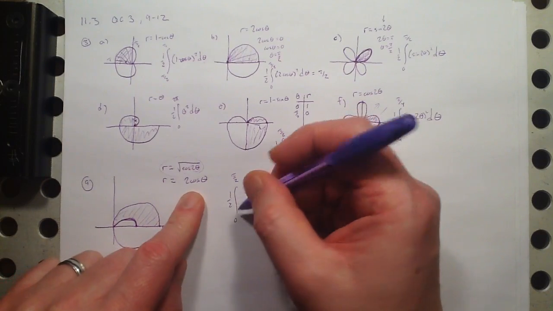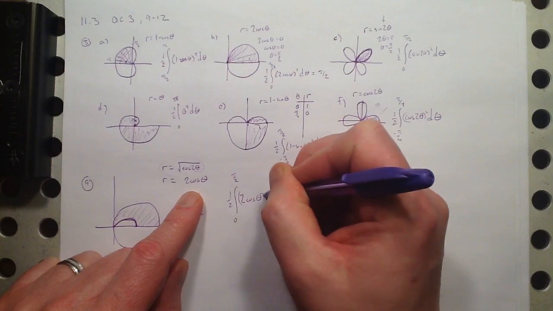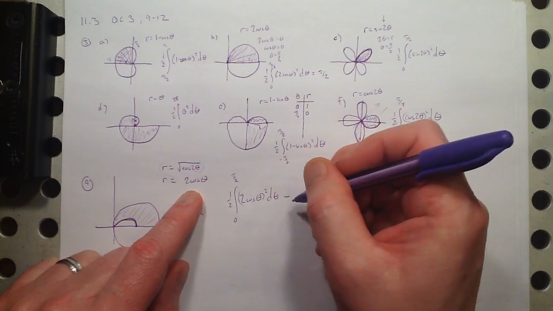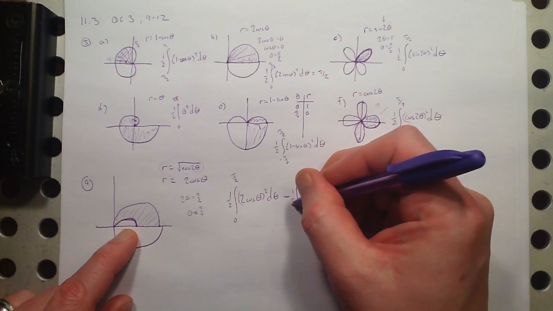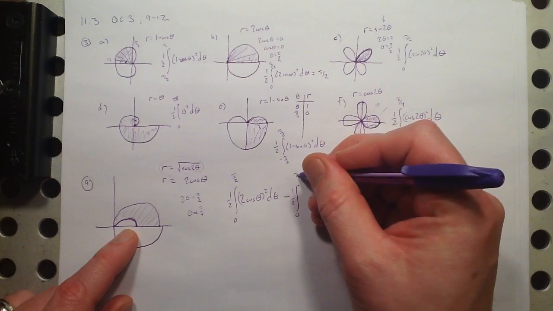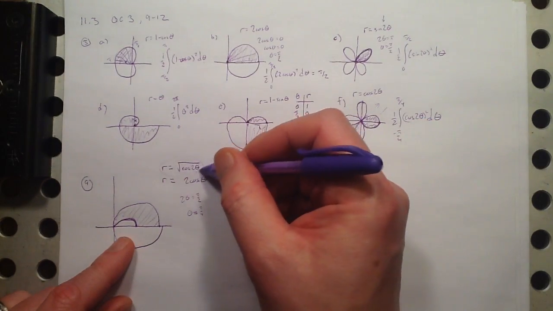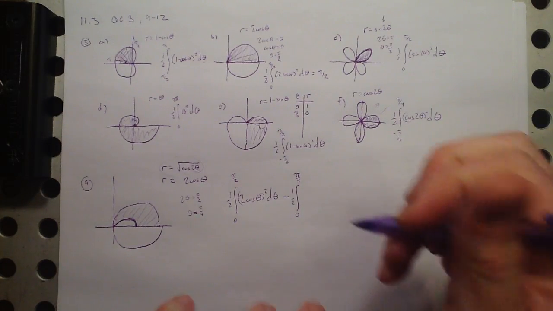of 2 cosine theta squared d theta minus that little inside teardrop thing, which is 1/2, and this one's only 0 to pi over 4. It looks like it's the first quadrant piece, but the angles are getting doubled in here, so be very careful there.